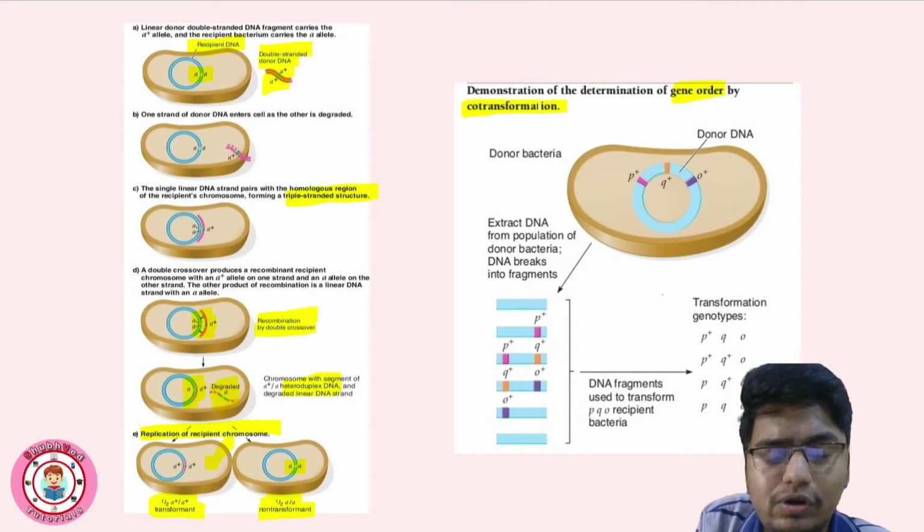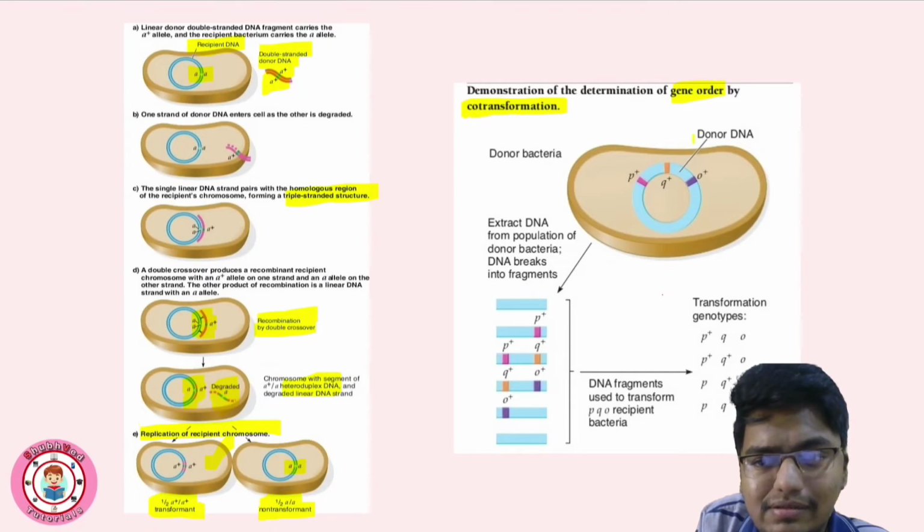Co-transformation is when two genes are transferred at the same time, which happens when they are close to each other.